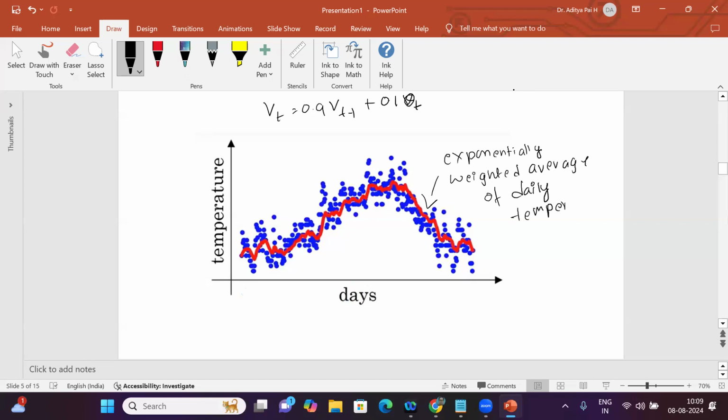You can see how the weight is exponentially changed.